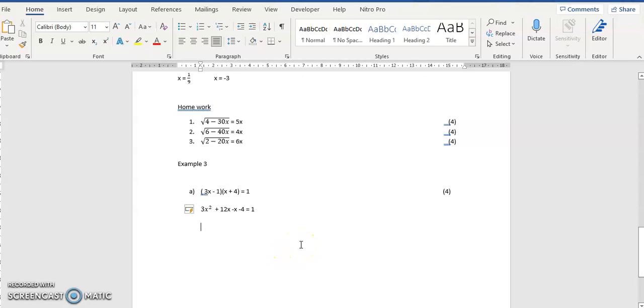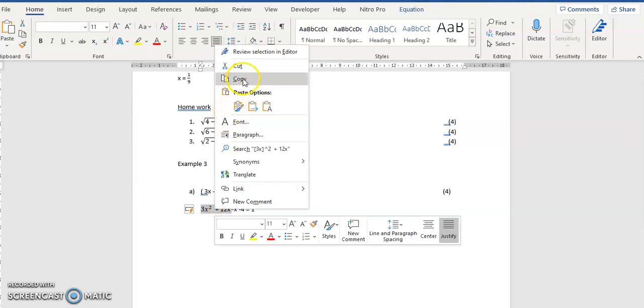Now we are going to write it in standard form. So I'm going to have my 3x squared. I'm going to copy this one down.